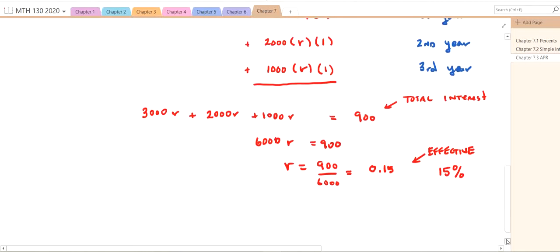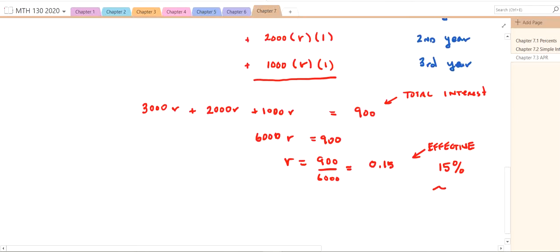Well, this is what we call our annual percentage rate. We have a word for this, the annual percentage rate.